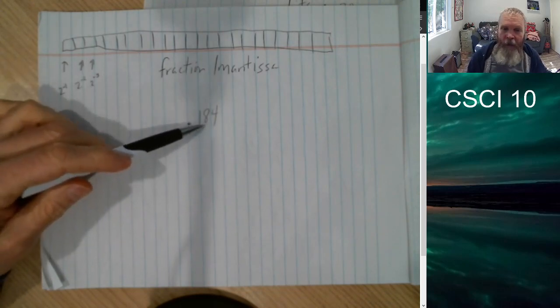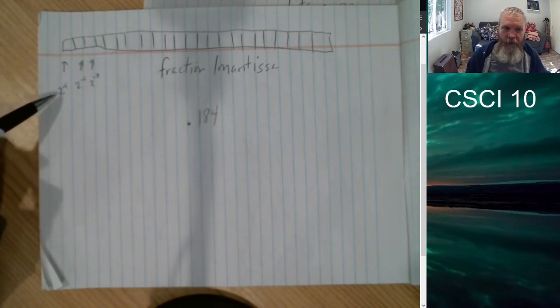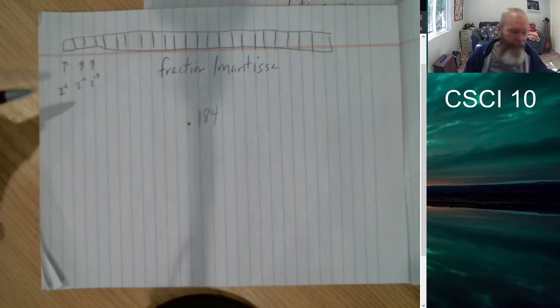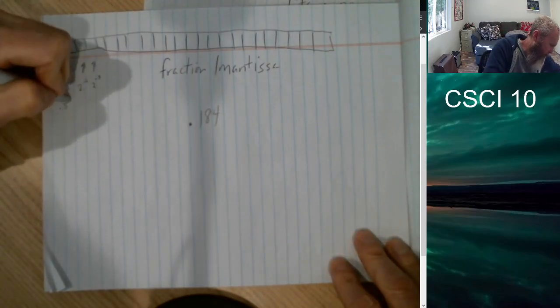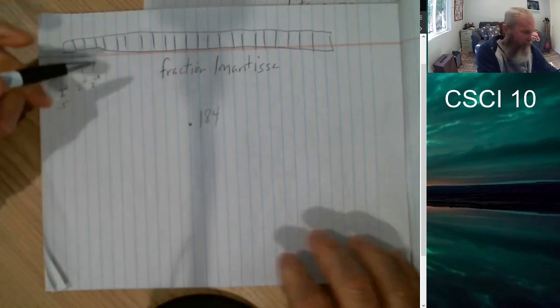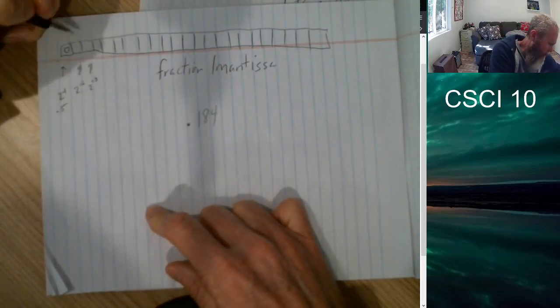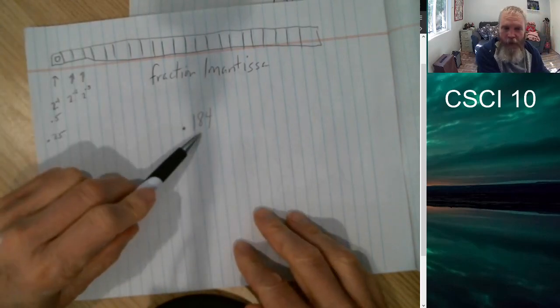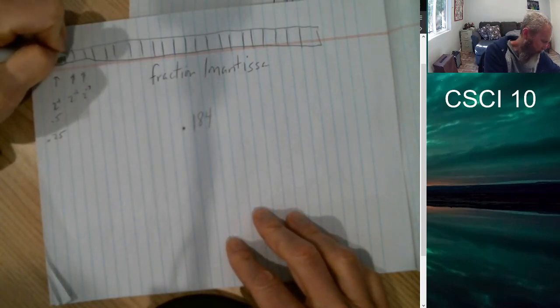So now we just reduce this number into binary. 2 to the negative 1 is 1/2, which is 0.5. There's no 0.5s in here, so that's a 0. The next one is 0.25. There's no 0.25s in here, so that's a 0.